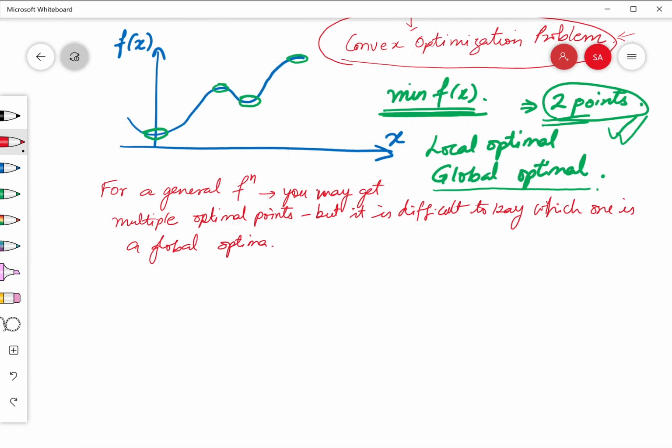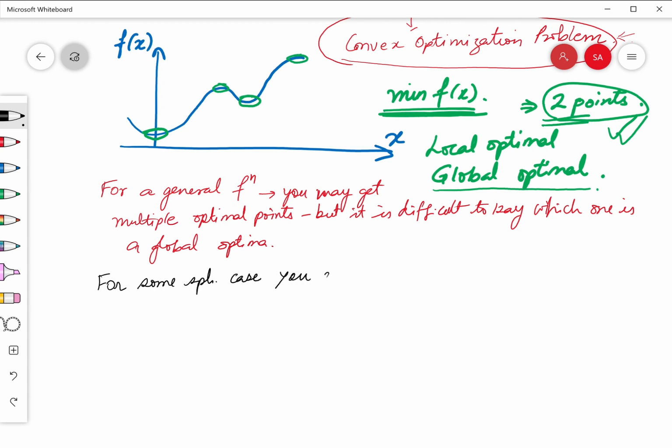Now it turns out that for some special class of functions, you are going to get just one point as your point of interest or a critical point, and which you can say to be a global optima point.